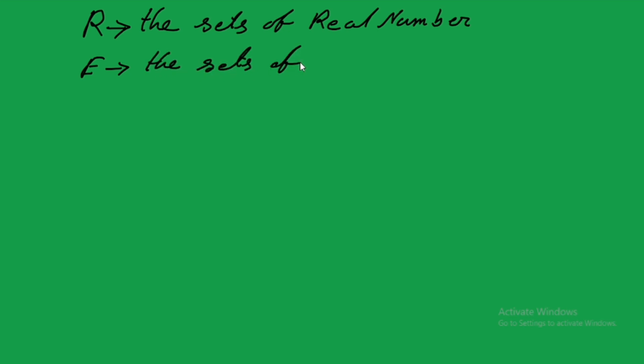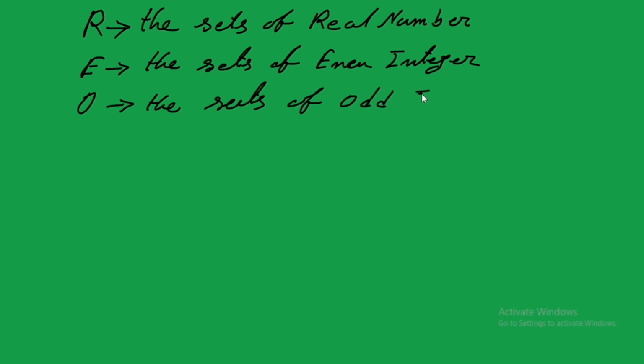R is the set of real numbers. E means the set of even integers, and O represents the set of odd integers.